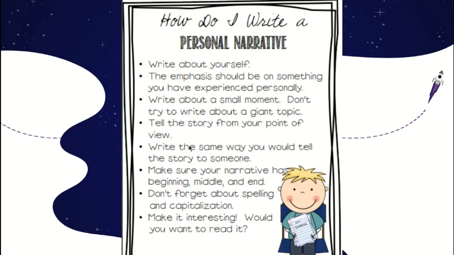Here it says write the same way you would tell a story to someone. So you don't have to write fancy. You may have read books like Harry Potter or any other really intense books like that have really flowery, amazing, spectacular language. You don't have to write like that. In fact, I think stories are more true when you write them like how you would tell somebody's story.